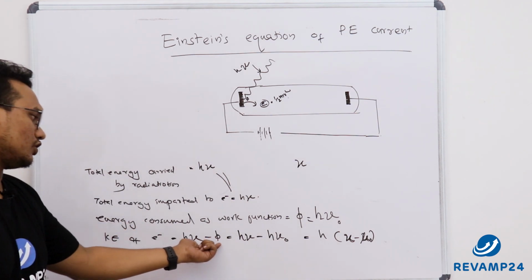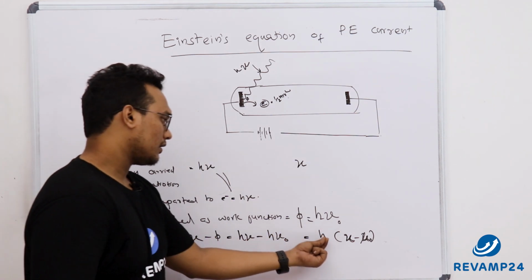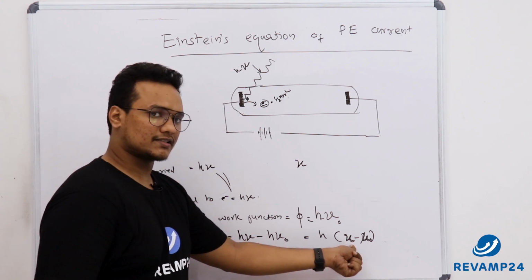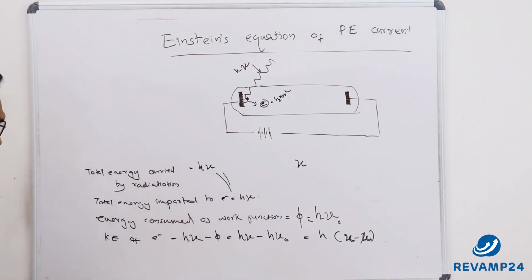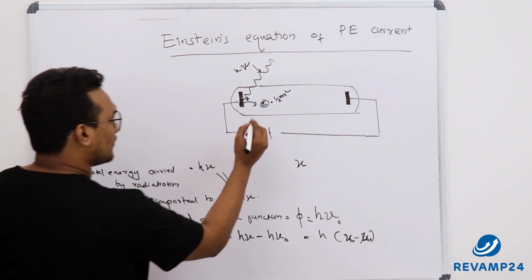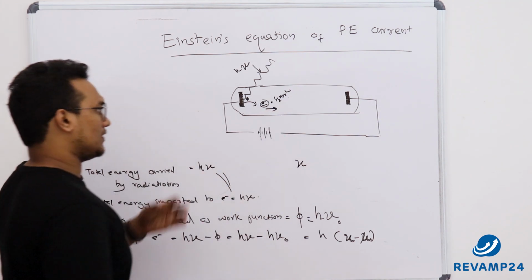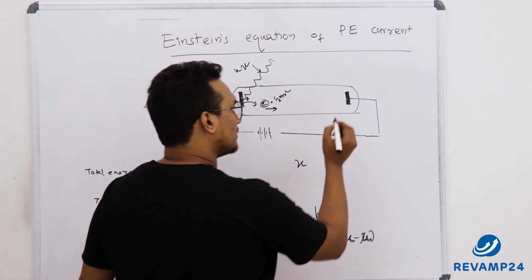Either equation can be used: h nu minus work function, or h into the frequency of the radiation minus the threshold frequency. With that energy, the electron will be moving towards the positive plate.